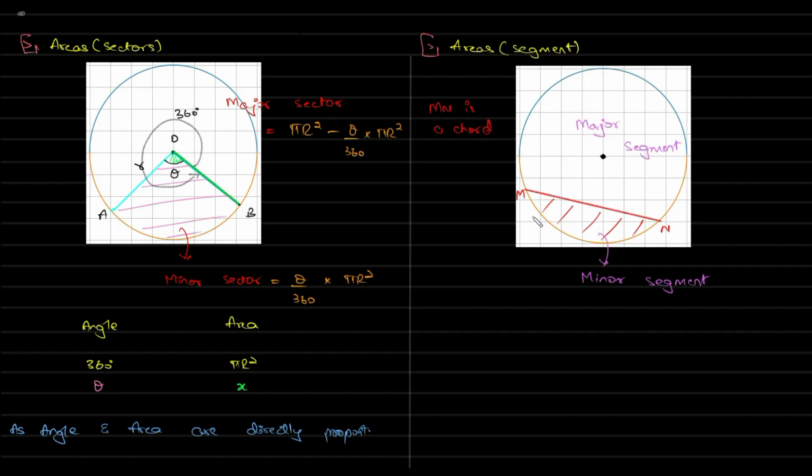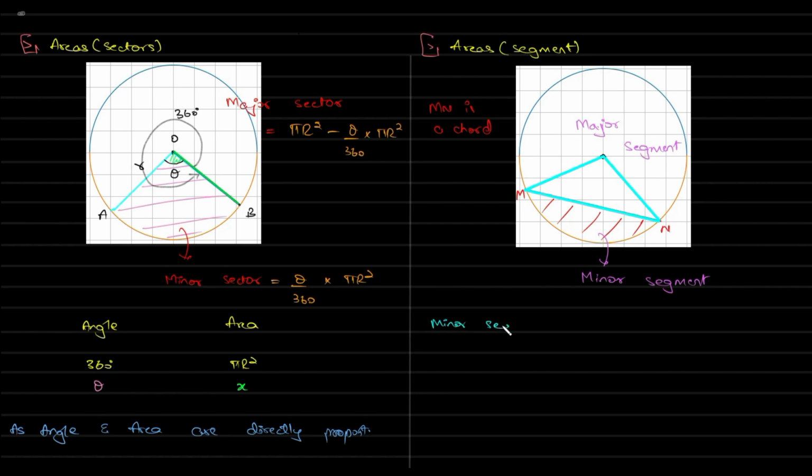Now, minor segment. How will we calculate that? See, if I join this entire region, we are looking at a triangle plus this region, which forms a sector. So basically, this entire region is a minor sector. So I can get the minor segment by, can you guess what?